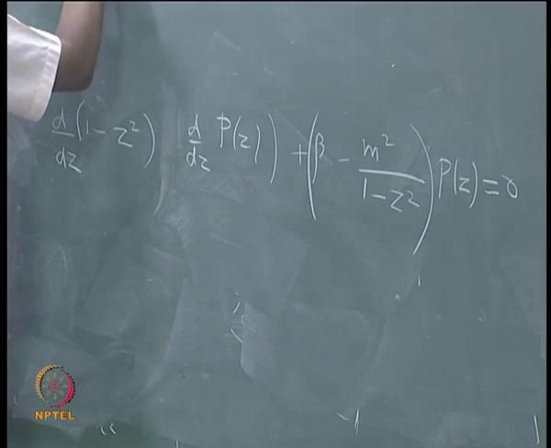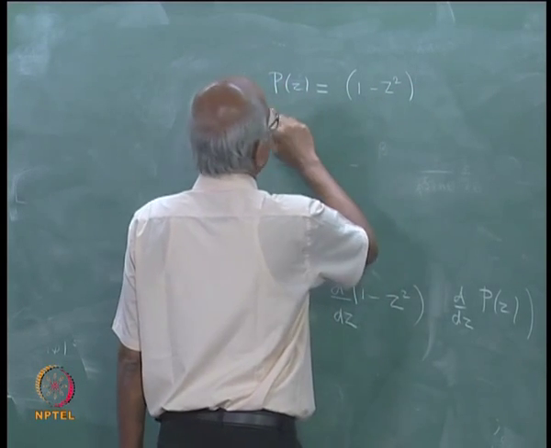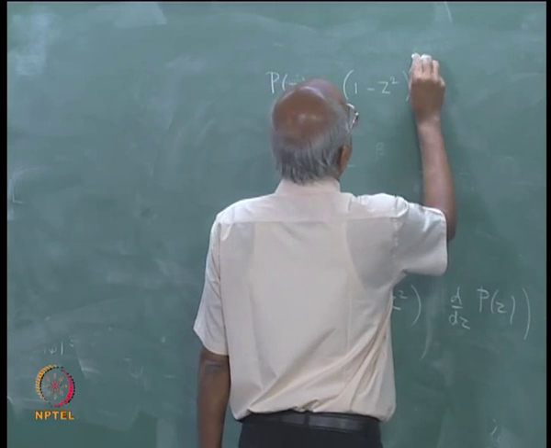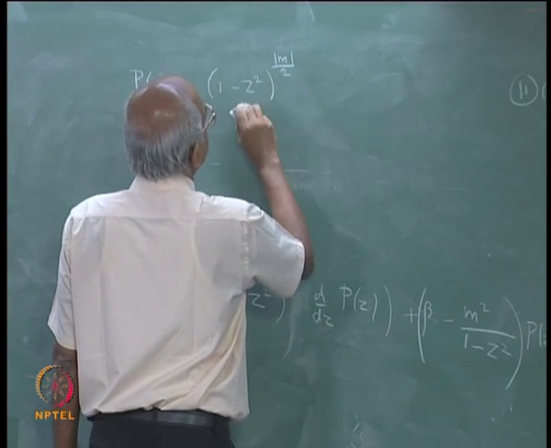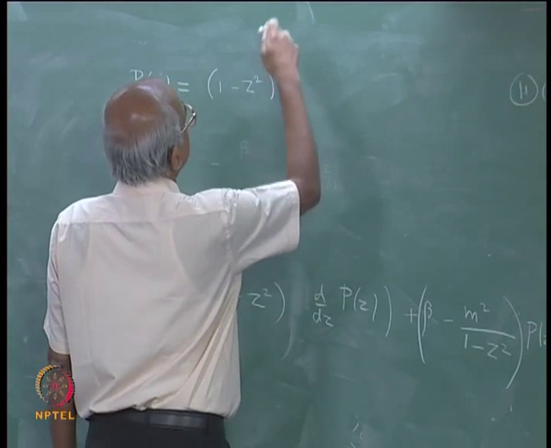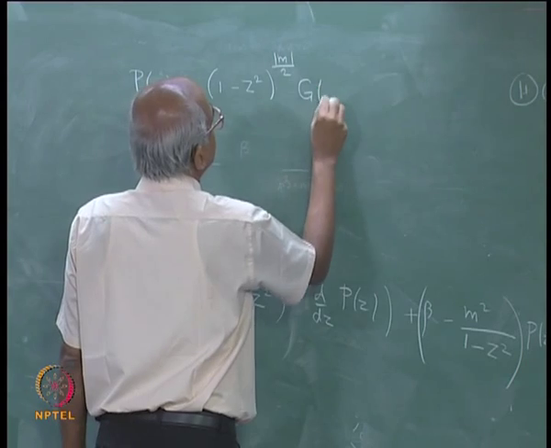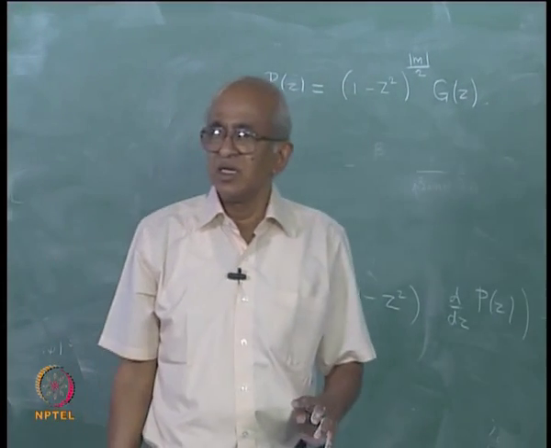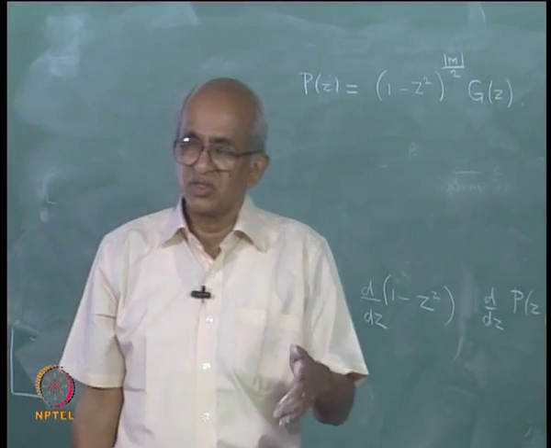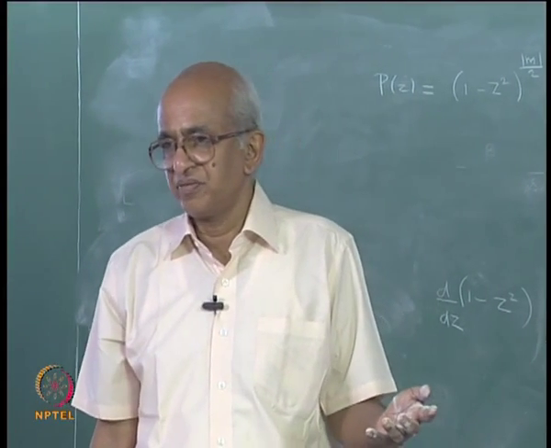What I now want to do is write this P of z as 1 minus z square to the power of magnitude of m by 2, into a function of z, G of z, an unknown function actually, and then I will ask what is the differential equation that G obeys.